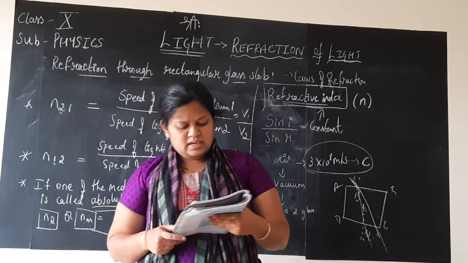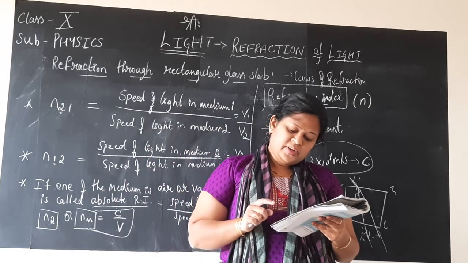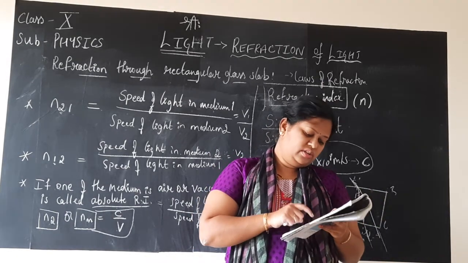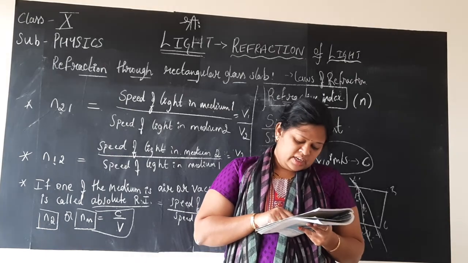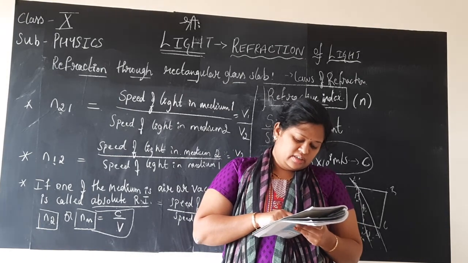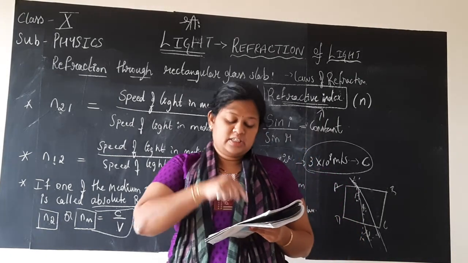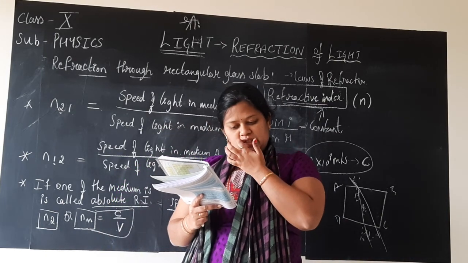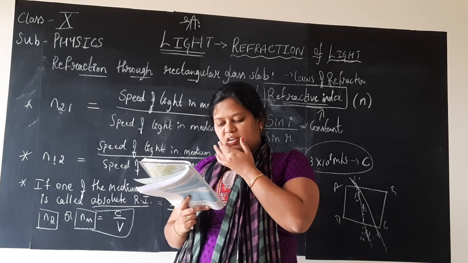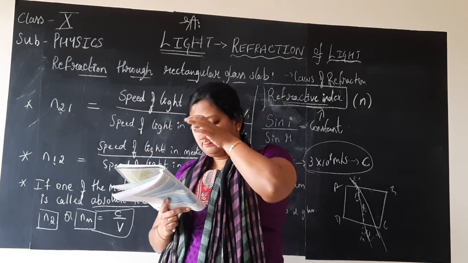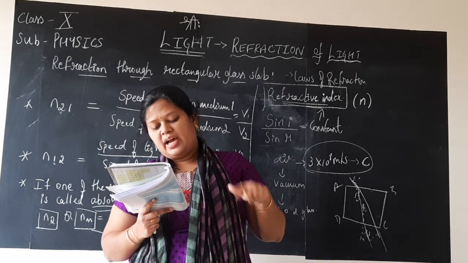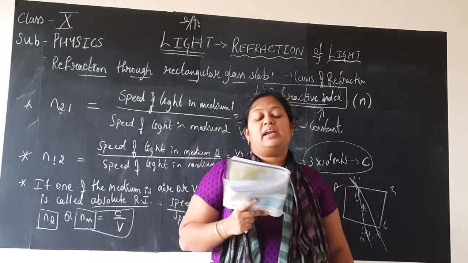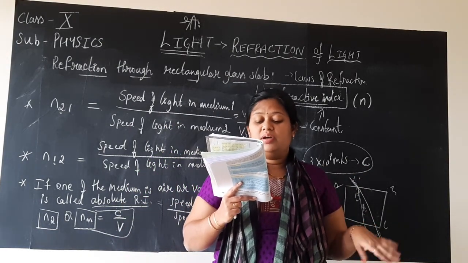Here in your textbook it is given somewhere. Please, I will tell you, mark it, it is important. Page 83 in your textbook, beside figure 10.10, the third paragraph only, you have, children: you may observe that the emergent ray is parallel to the direction of the incident ray. Why does it happen so? The extent of bending of the ray of light at the opposite parallel faces AB and CD of the rectangular glass slab is equal and opposite.